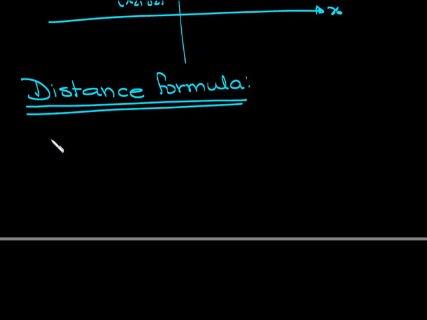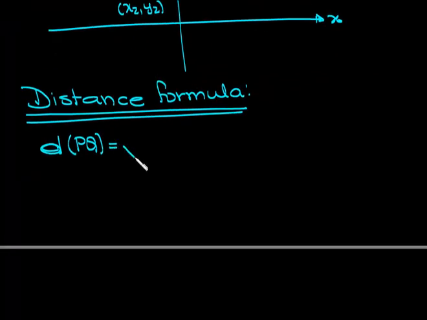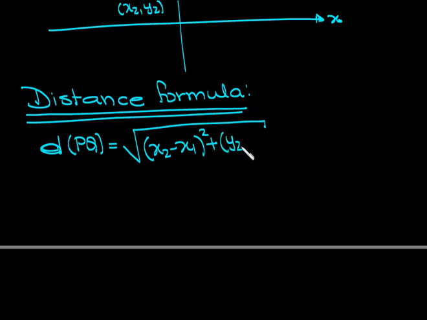So it's a good formula to know. The distance, I'll denote that with the lowercase d, distance PQ of this line segment, is equal to the square root of the square of the difference of the x values. So you take the difference of the x values and you square that, and then you add to that the difference of the y values.